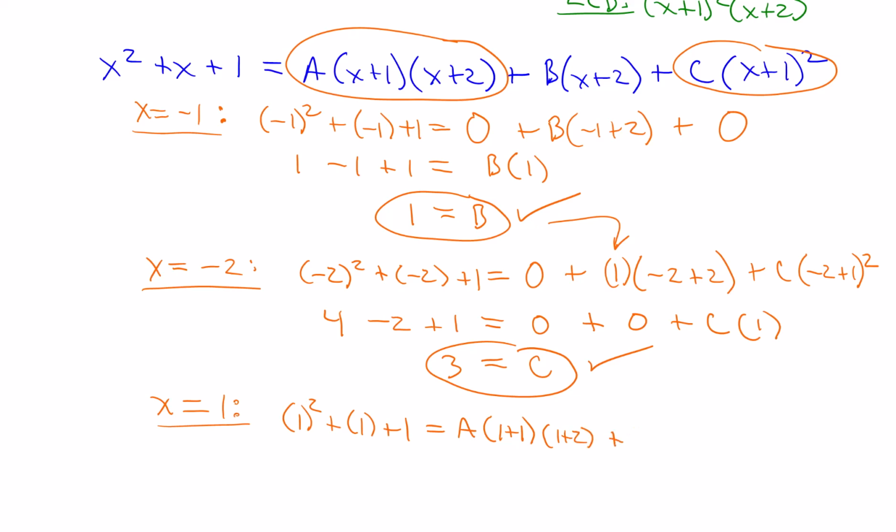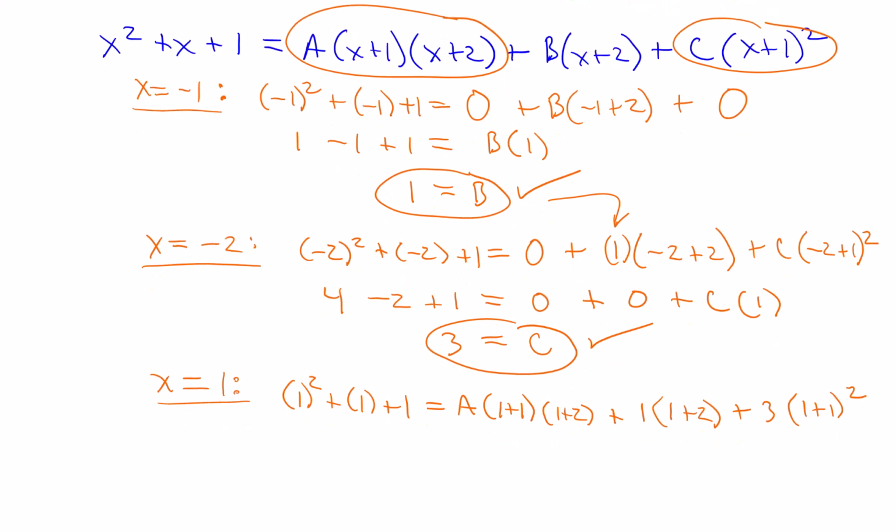Plus, now we already know b, so we'll just plug that in as 1 times, and then x plus 2 was after the b. Well, that'll be now 1 plus 2, because we're using 1 for x at this point. And then moving on, we also know c is 3, so I'll put a plus 3 times, which is now, we're supposing 1, so (1 plus 1) squared.